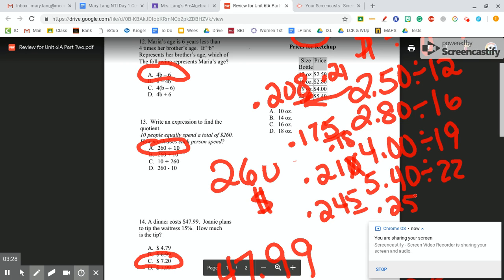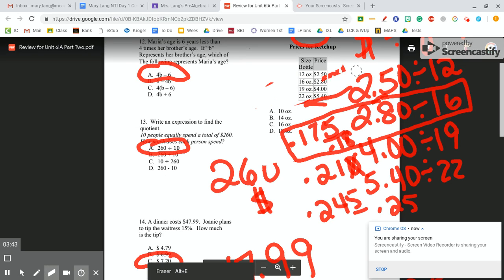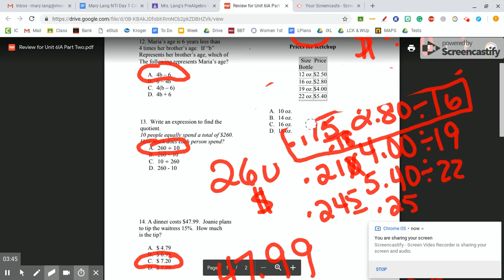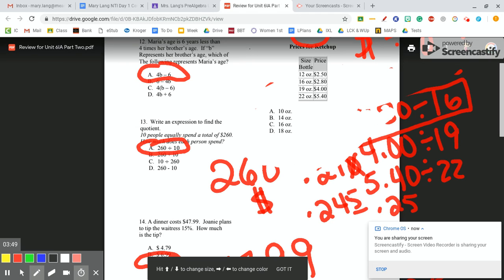And I'm looking for the least one, so that's obviously this one right here. Sorry, my screen's getting a little messy. So that's 18 cents. So I'm looking for the $2.80 for 16 ounces. That one right there was my cheapest. So it's C, the 16-ounce one.